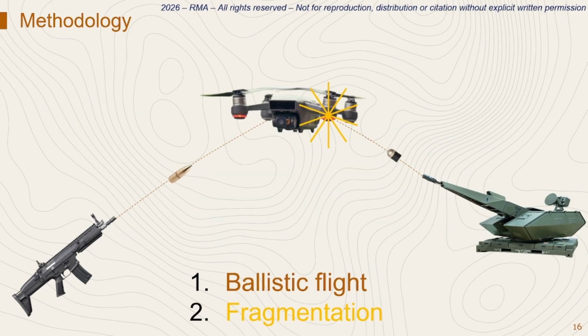So the methodology has been prepared such that any trajectory model can be implemented, both for the ballistic flight and fragmentation, but the fragmentation model will oftentimes be a simpler model than the ballistic flight.